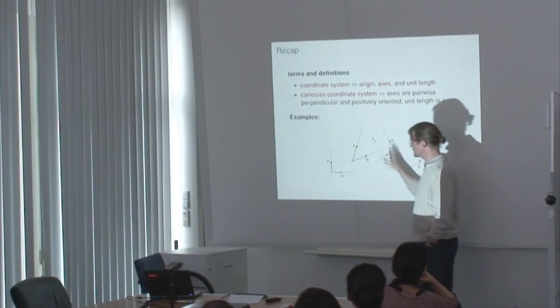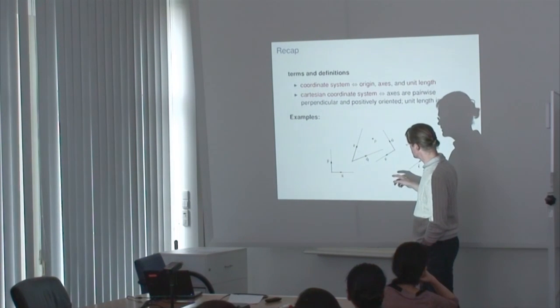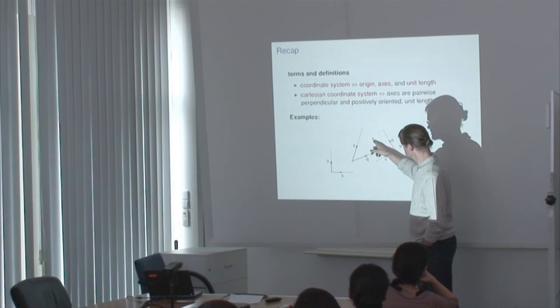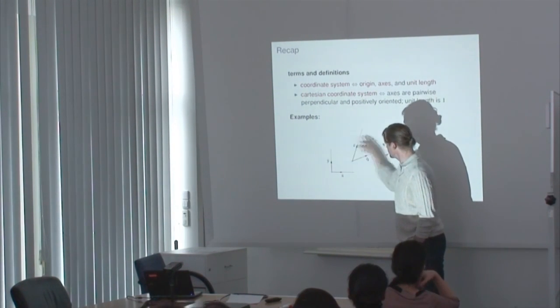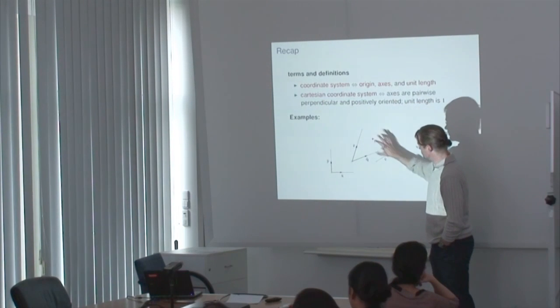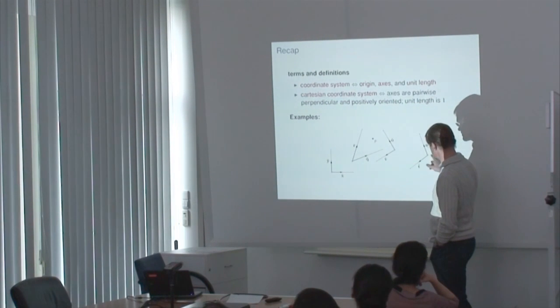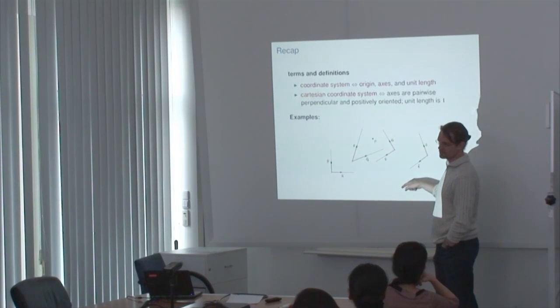Like what kind of operation would it require to express this point, which we have measured in terms of its x coordinate and its y coordinate? What do we need to do to express it in terms of an s coordinate and a t coordinate?